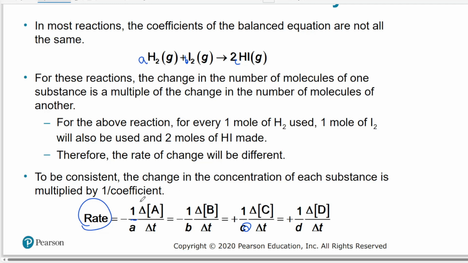So we write negative in front of the starting materials and 1 over the coefficient and their changing concentration over time. And we write positive in front of the products, 1 over the coefficient and their changing concentration over time.